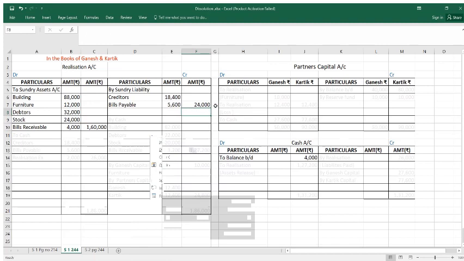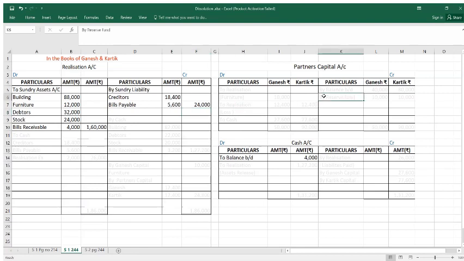Then next is your general reserve. In case of your dissolution, general reserve should be distributed among all the partners. So the journal entry will be reserve fund account debited to partners capital account.